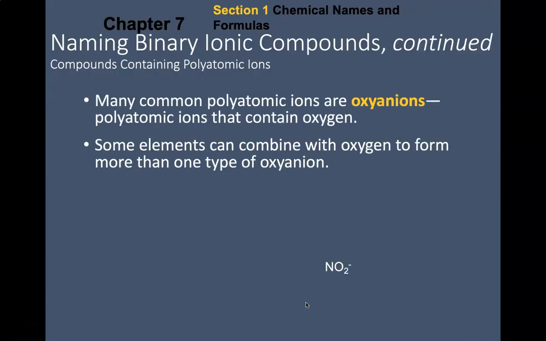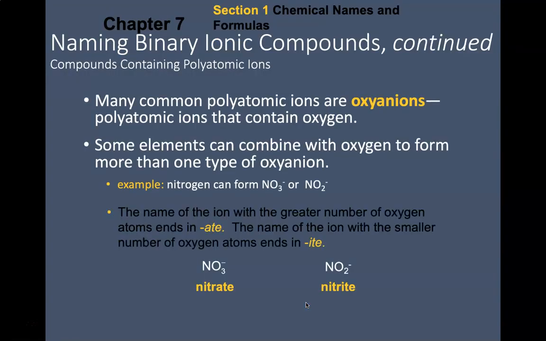All right, so that brings us to naming using polyatomic ions. A lot of times these are referred to as oxyanions because, in case you did not notice while you were writing your different cards, most of our polyatomic ions have oxygen in them. These are going to be a subgroup.